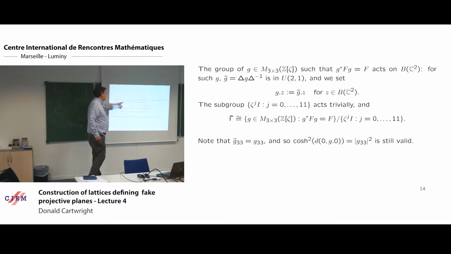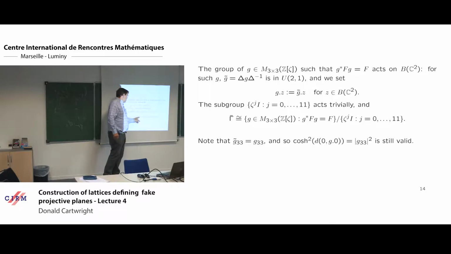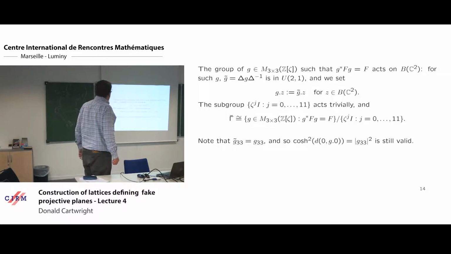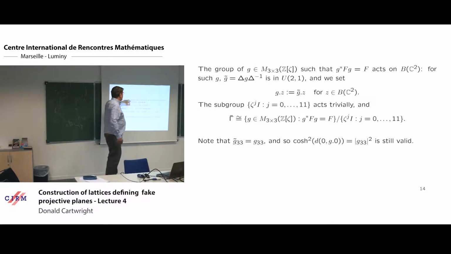This delta map has an upper block, and so when you do this conjugation, you don't change the G33. So in fact, the square of the hyperbolic cosine of this distance is still G33 absolute squared, even if we're working with G satisfying this.